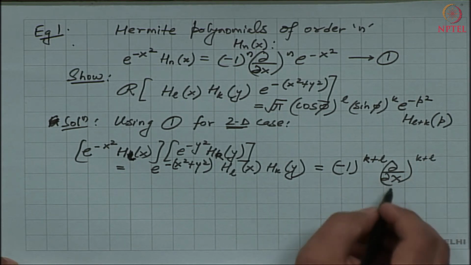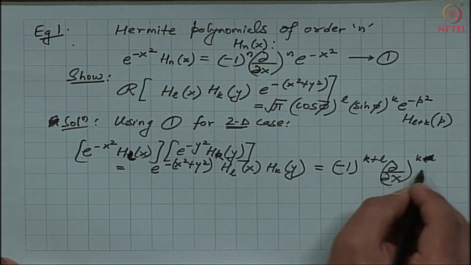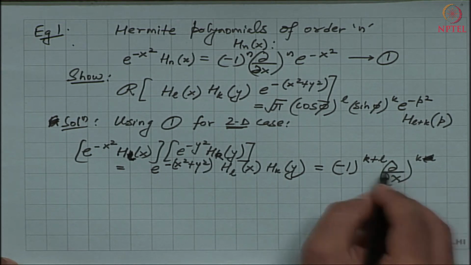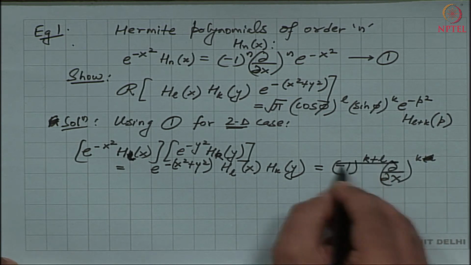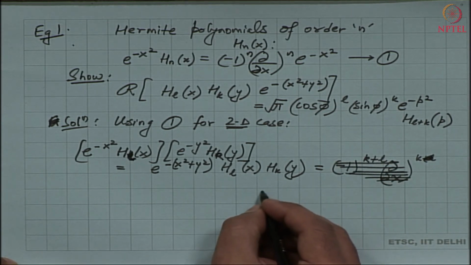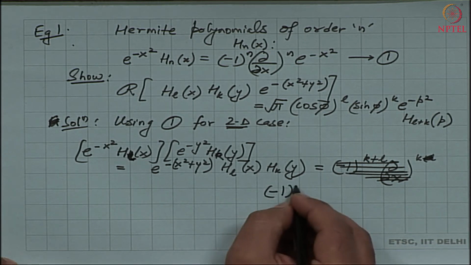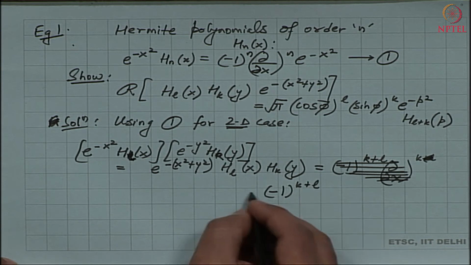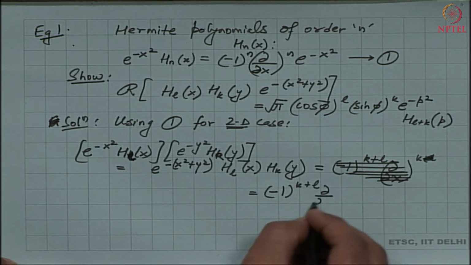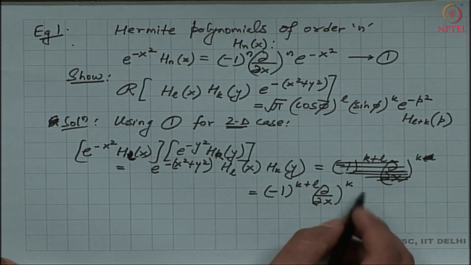Let me rewrite the left hand side for better clarity. So, the right hand side is minus 1 to the power k plus L times the Lth order derivative with respect to x, times the kth order derivative with respect to y.